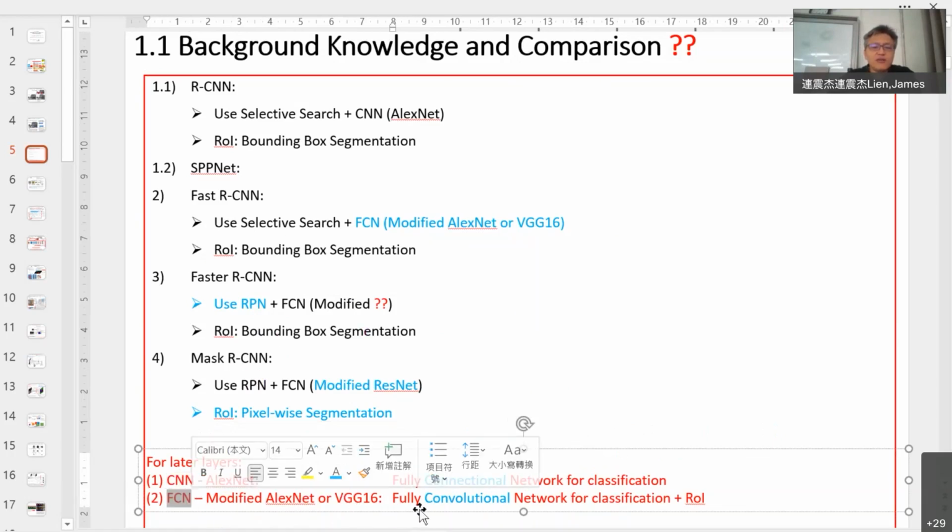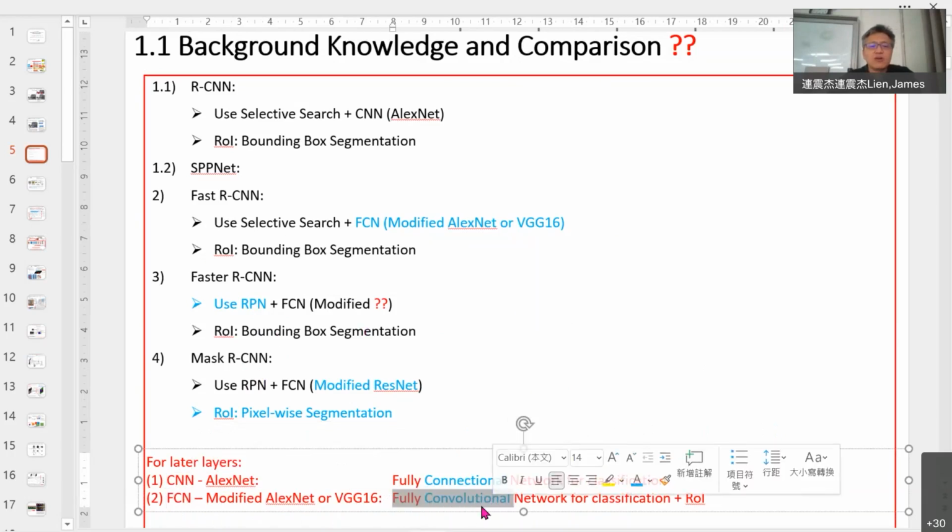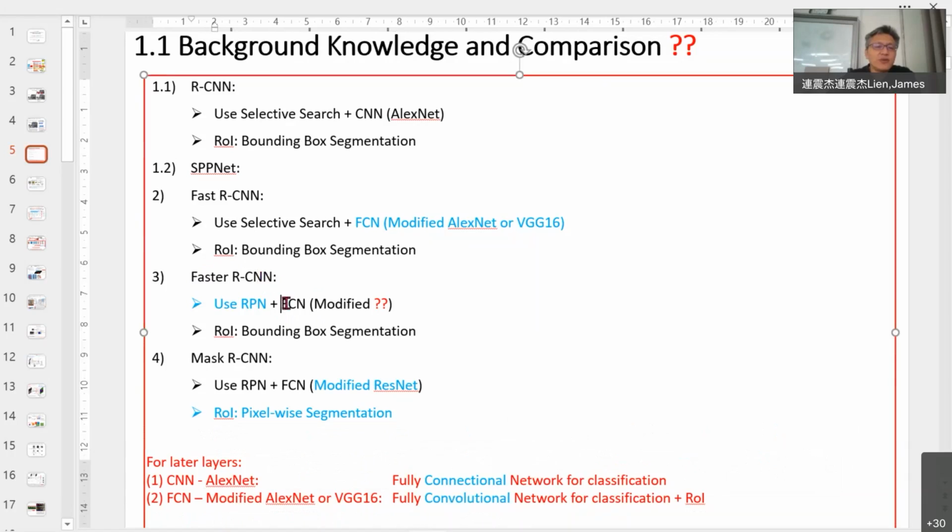FCN is fully convolutional. So here, the first RCNN is convolutional. Okay, the first is also convolutional. Just to let you know.